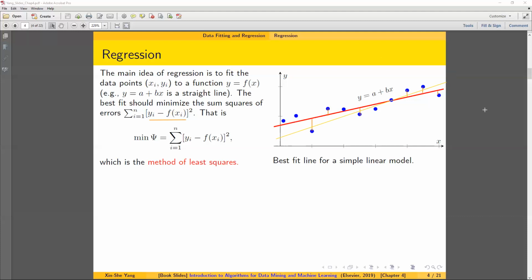But we know we're trying to find the minimized sum of squares, which is the red line instead of yellow, because the yellow would come back with a higher sum of squares of the error. That's why we call this approach the method of least squares. This is a simple linear model, meaning we only have one independent variable.